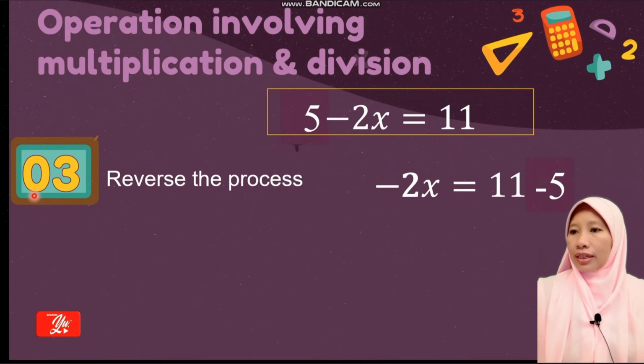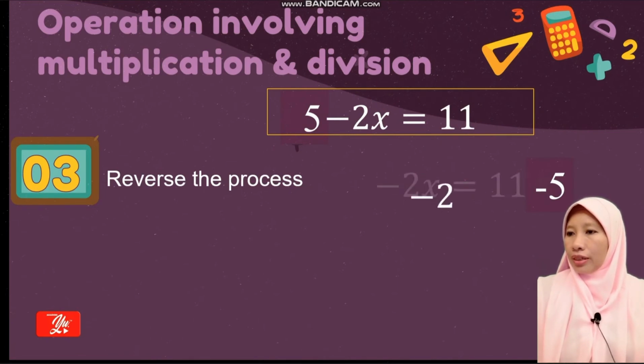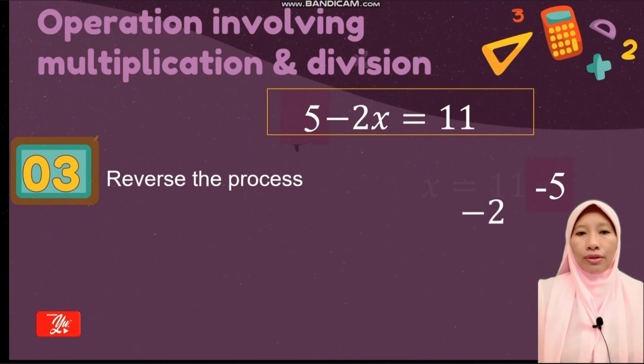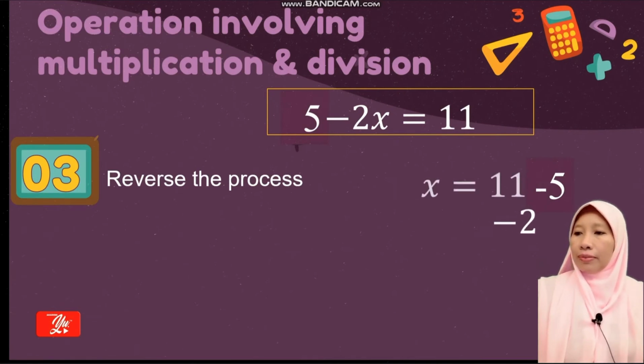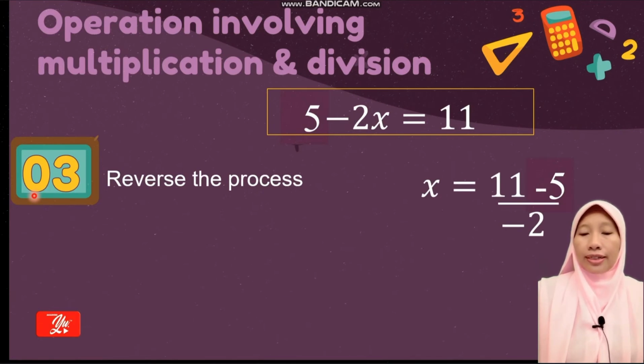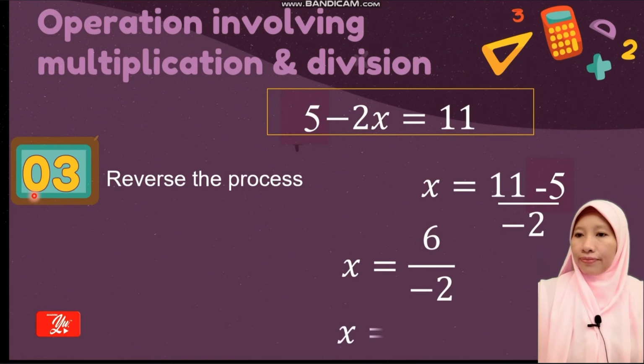Then negative 2 multiply x, when we reverse, becomes divide. So x equals 11 minus 5 divide negative 2. The final answer is x equals negative 3.